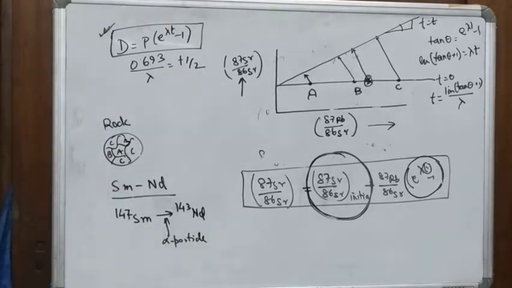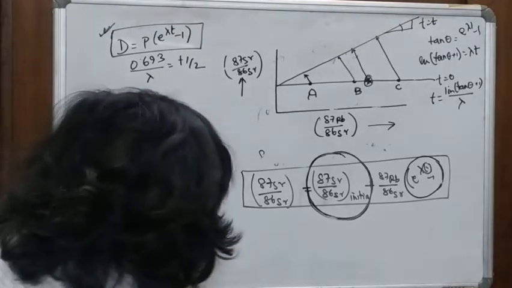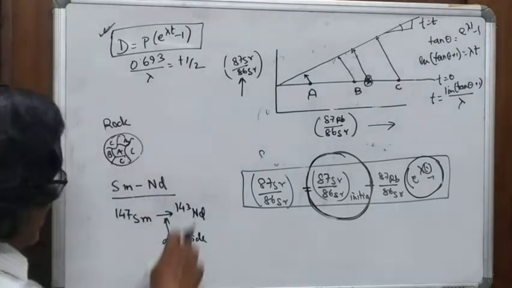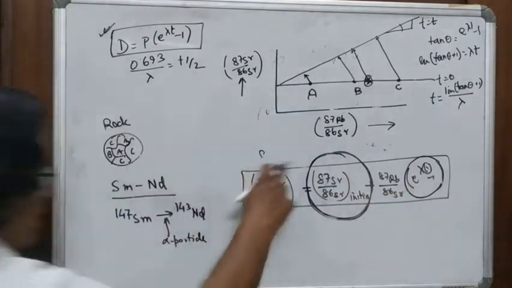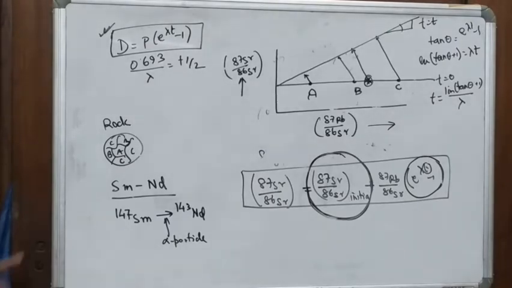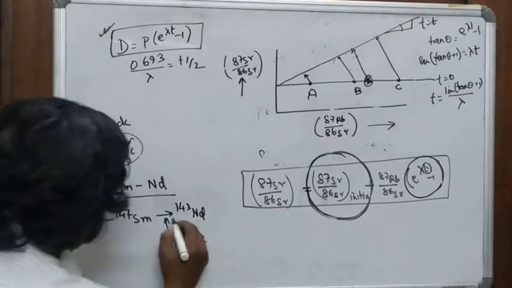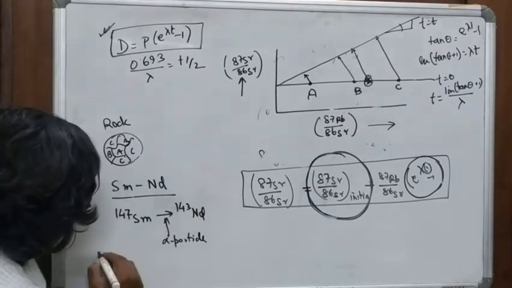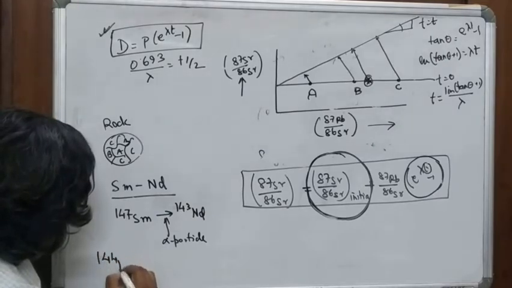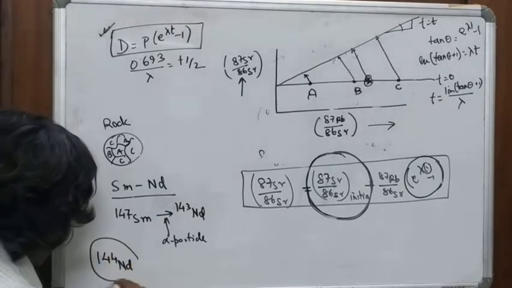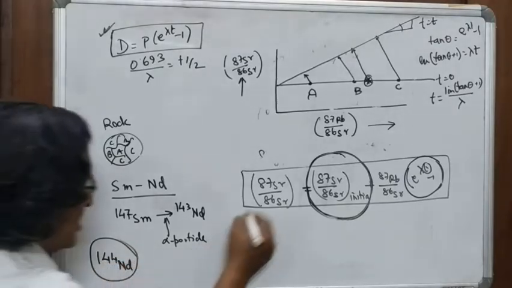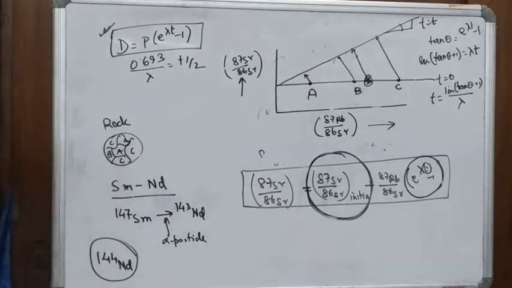Can you look at the similarity here? And we normalize this 143 neodymium by 144 neodymium, which is a non-radiogenic element. This is identical to 86 strontium.